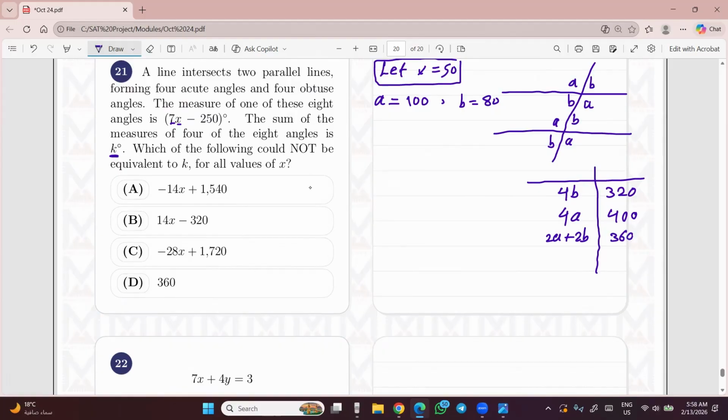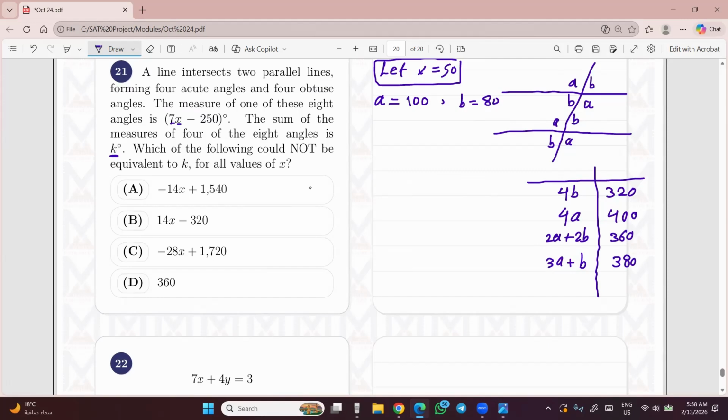And that's, of course, like this. This is 360, 2A plus 2B. You can just get it from the illustration itself. Maybe 3 obtuse and 1 acute, 3A plus 1B. 3A means 300, 1B is 80, so we have 380. This is one of the possibilities.